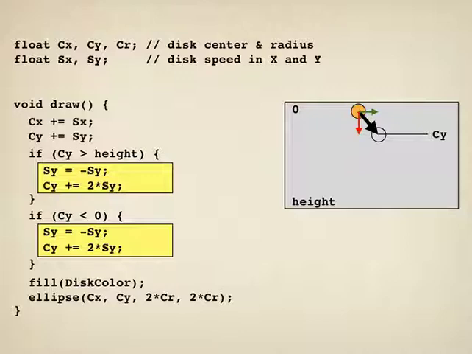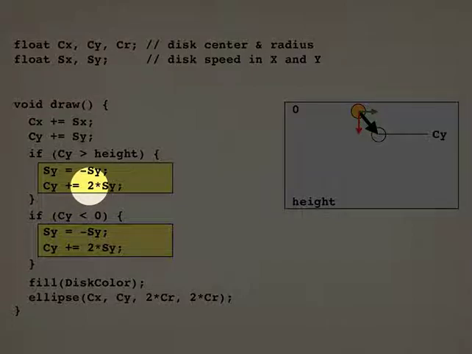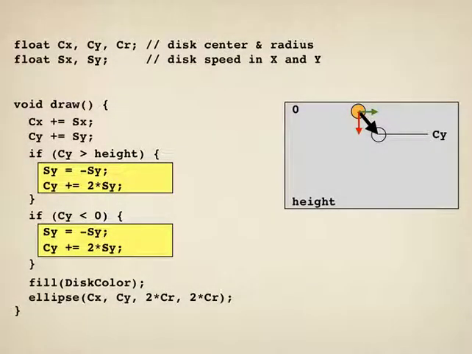Suppose something was wrong with our logic. Now, nothing is, but suppose we had this wrong, and we needed to add 3 times SY to CY. So we think, okay, I need to fix the code. We find the first 2, we fix that to a 3, and now it bounces correctly off the bottom, but not off the top.